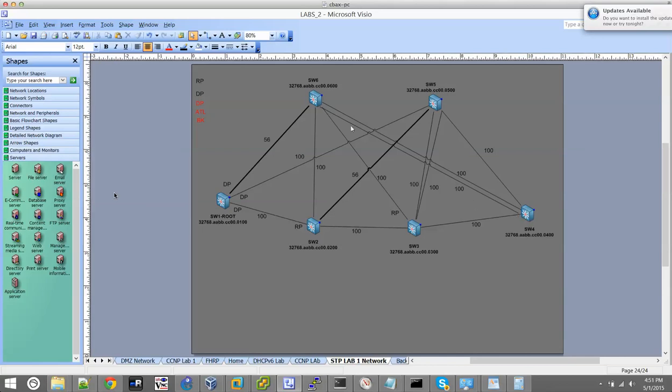So we got the lowest cost of the bridges here, but that's going to be a tie coming from the same bridge, coming to the same bridge uplinks, because it's 100 this way, 56, 100 this way, 56. This would be going based off of the lowest advertised port number. So we'll say this is Ethernet 01 and Ethernet 00. If this is a tie, Ethernet 00 would win because it's the lowest advertised port. So that should be your root port there.